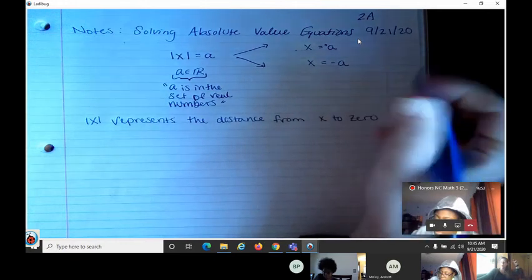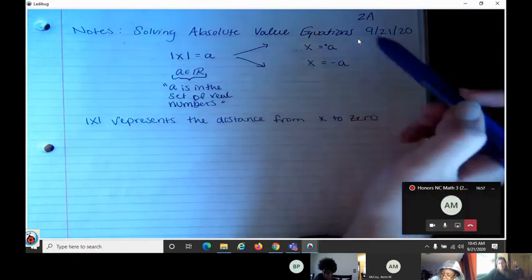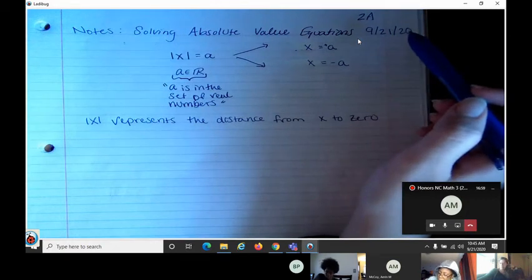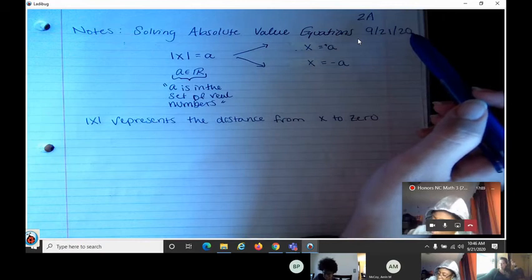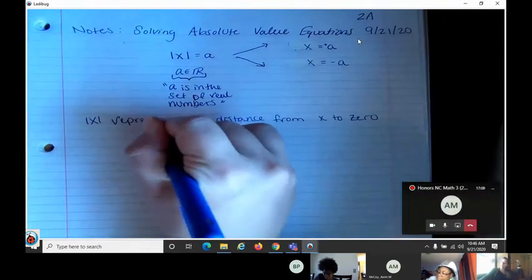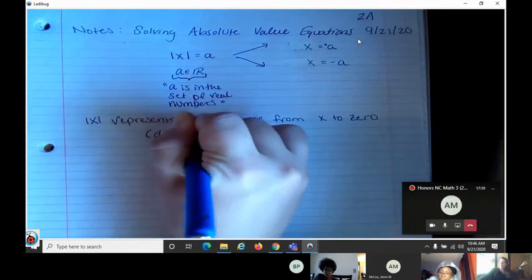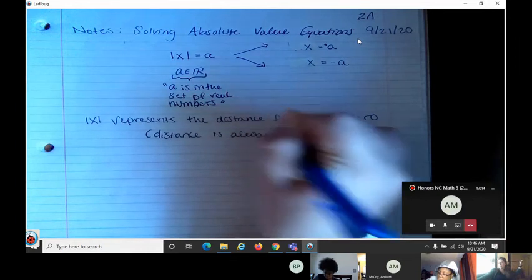That's why we'll always end up with a positive value when we have the absolute value of something. This distance is always positive.